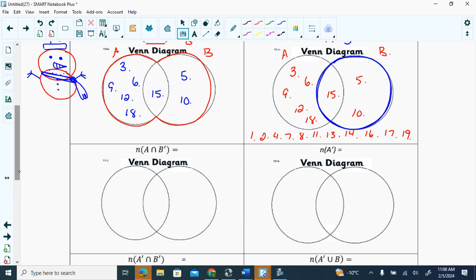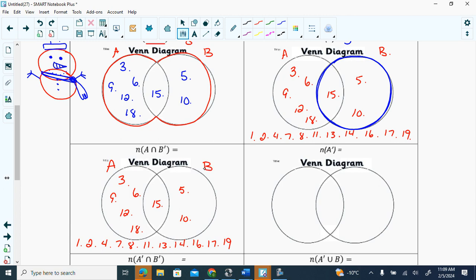So I'm still going to write out all my numbers again. 3, 6, 9, 12, 18. Because my Venn diagram's not changing. Label my circles A, B. Nothing changed, right?